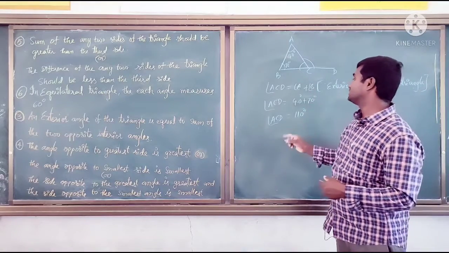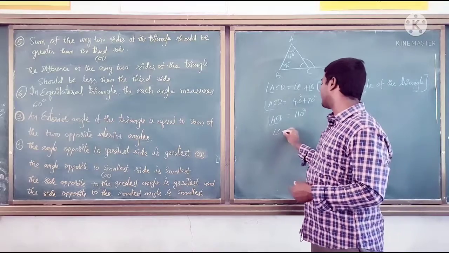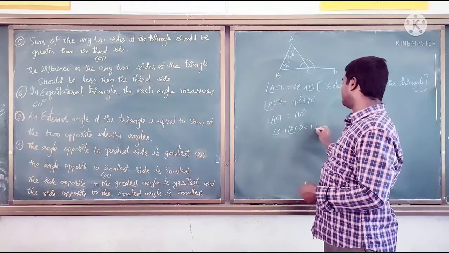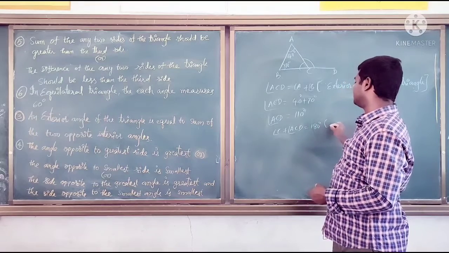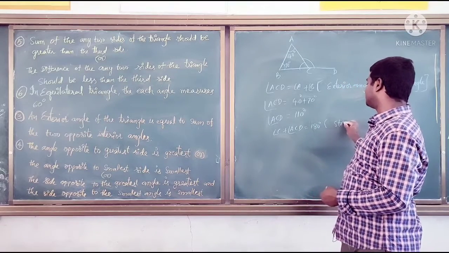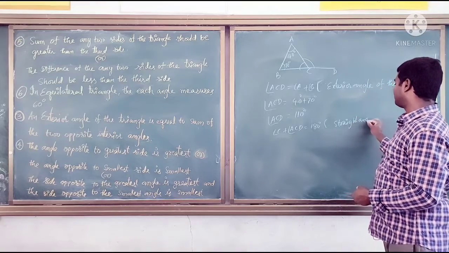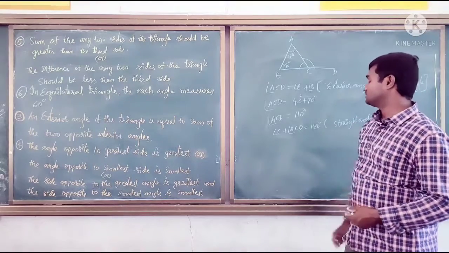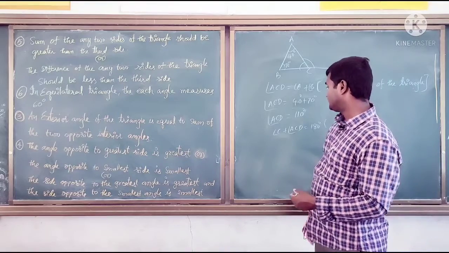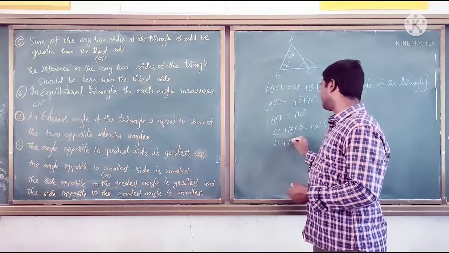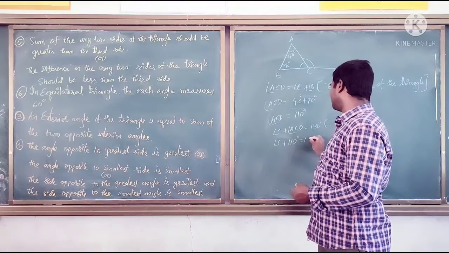And they may ask to find angle C also. So we know that angle C plus angle ACD equal to 180 degrees, because these two measure a straight angle. Angle ACD is 110 degrees, which is equal to 180.